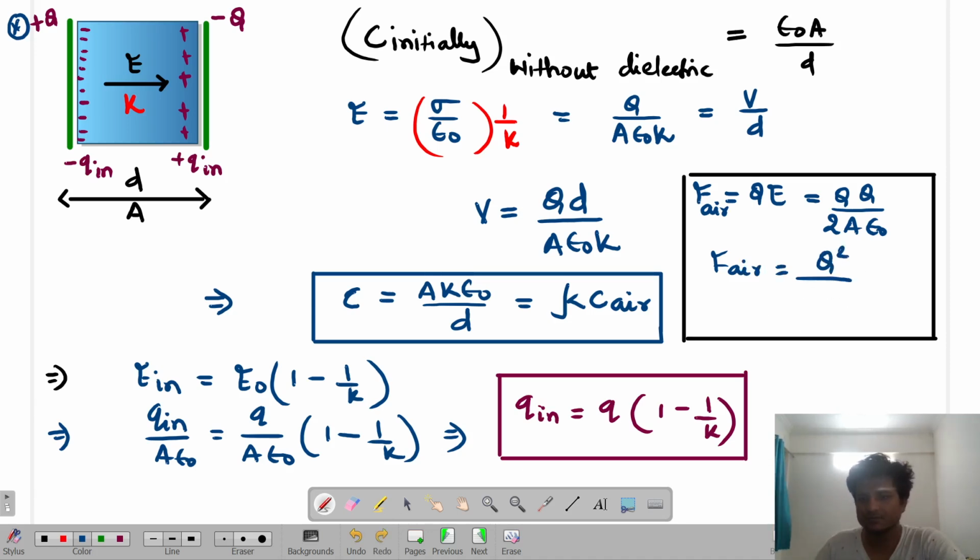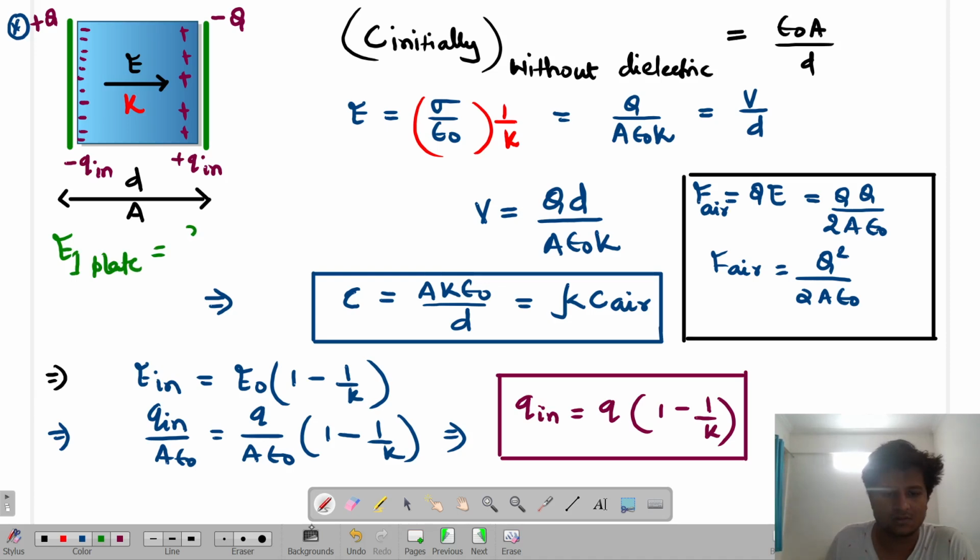When I talk about the electric field, the net electric field is sigma by epsilon naught. But one plate feels the force due to the electric field of only one plate. So E of one plate only is sigma by 2 epsilon naught.